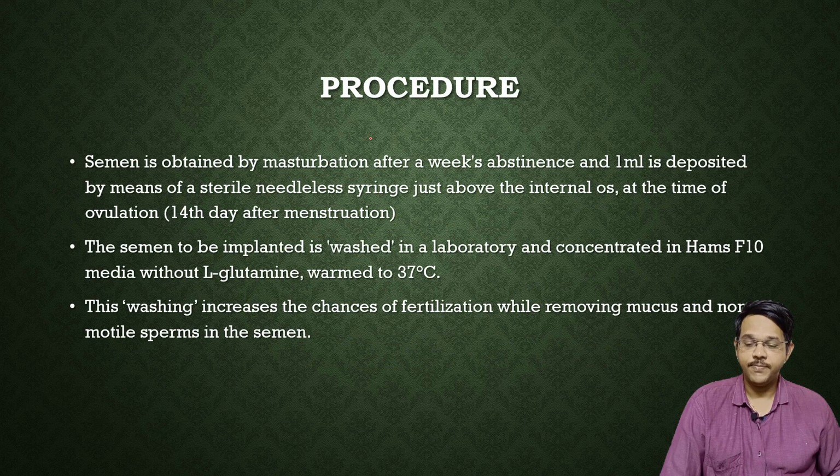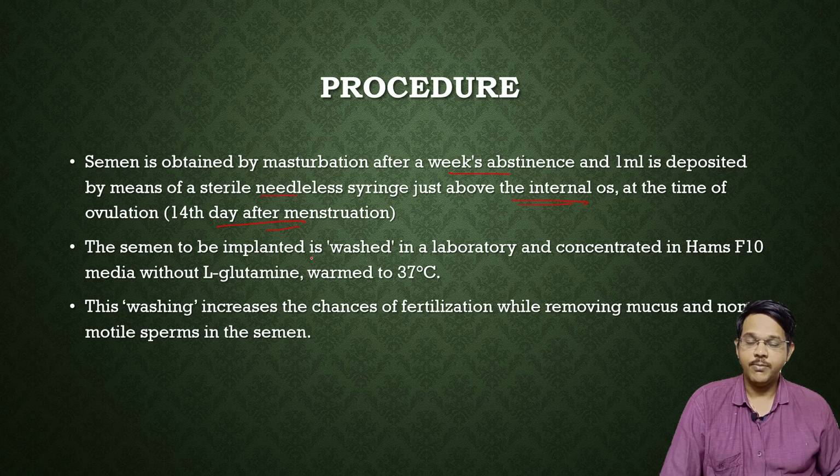Coming to the procedure, semen is usually obtained by masturbation after weeks of abstinence. 1 ml of semen is introduced using a sterile needle into the internal os in case of intracervical insemination at the time of ovulation, that is usually the 14th day after menstruation.